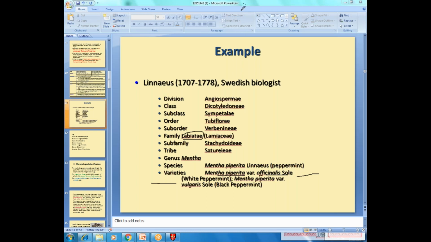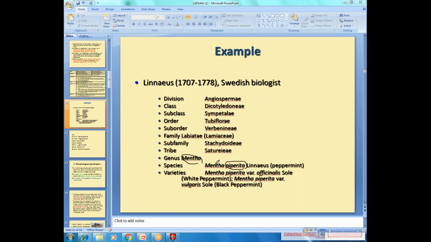One more thing which is very important to us is, I'll take a different color of the pen. So the genus is Mentha. This is very important for us. The species, you can see, is piperita.